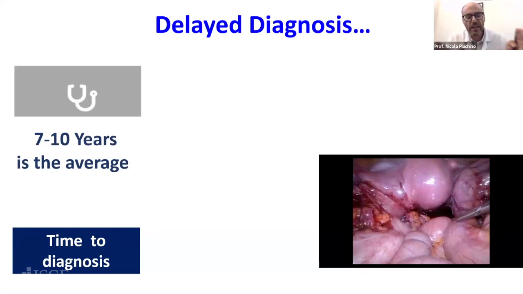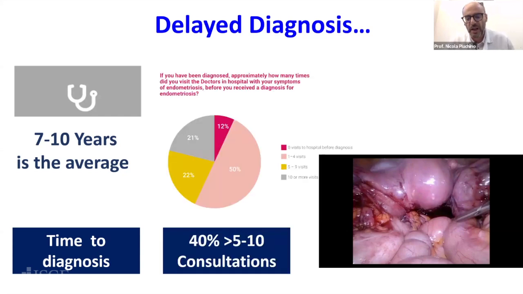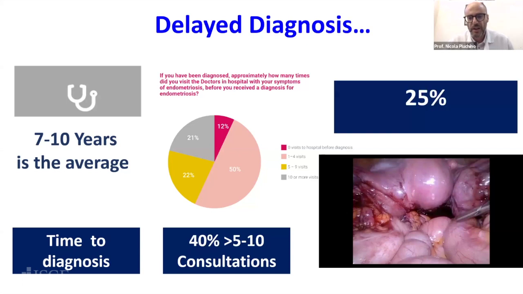And if that is the guideline in 2022, this is what we have in our clinical practice. Every day we can see that our patients have a delay of between 7 to 10 years on average in diagnosis, and that at least 40% of patients have to do more than 5 consultations in order to get a diagnosis. And you can see 25% of patients go through laparoscopy.